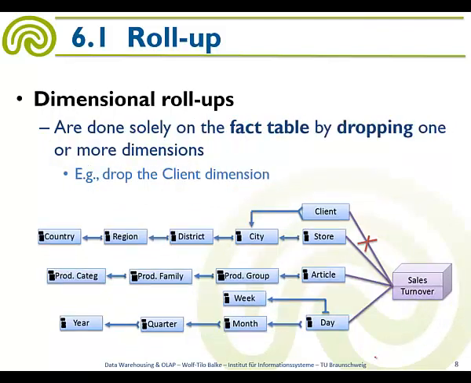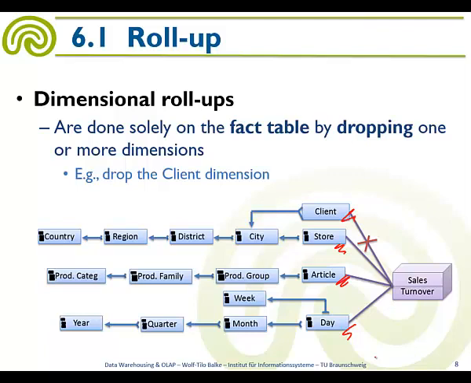So those are hierarchical roll-ups. Dimensional roll-ups are even simpler in a way, because what you do is basically when you have your fact table and you had all your data by day, by article, by store, and by client, by the customer, right?